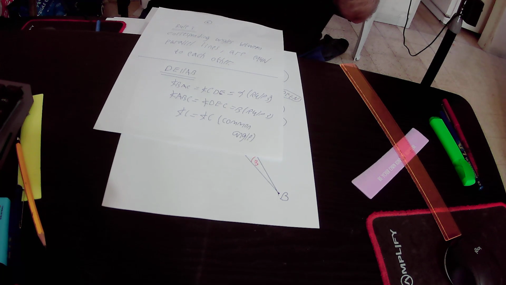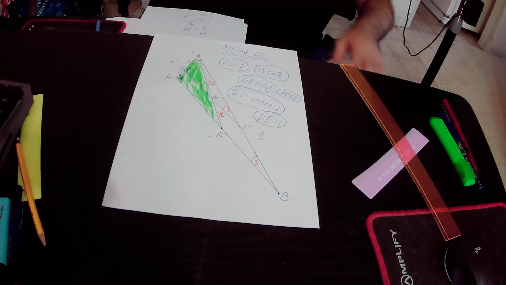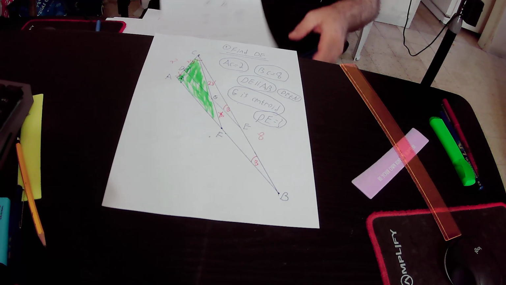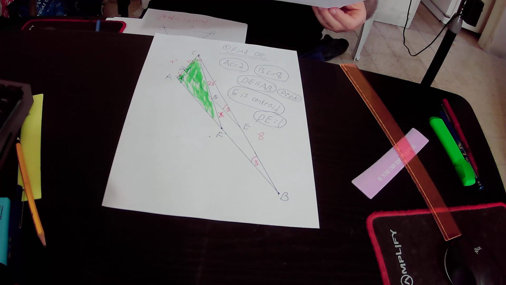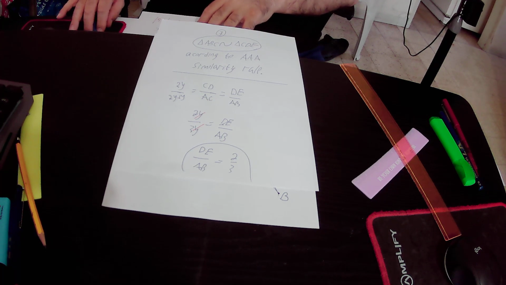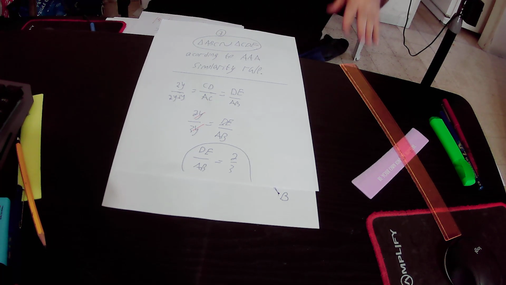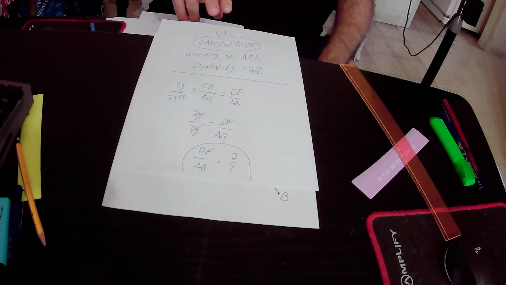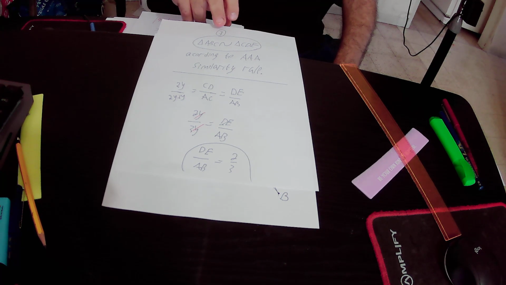Therefore, triangle ABC is similar to triangle CDE according to the angle similarity rule. What is the angle similarity rule? If you prove that three angles of one triangle are equal to three angles of the other triangle, then you prove that those two triangles are similar to each other. So we proved that triangle ABC is similar to triangle CDE according to the angle similarity rule.